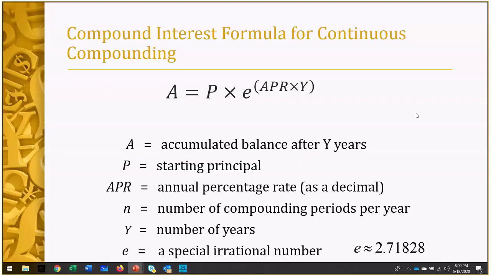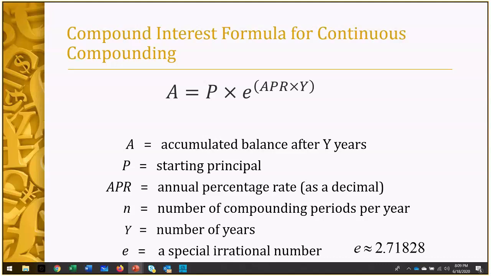This is the last one for this section, and then we'll see how you guys feel. All right, so this one here, we're going to go all the way back. And now this is another compound interest formula, but this is for continuous compounding.